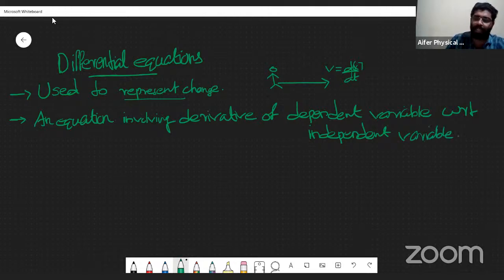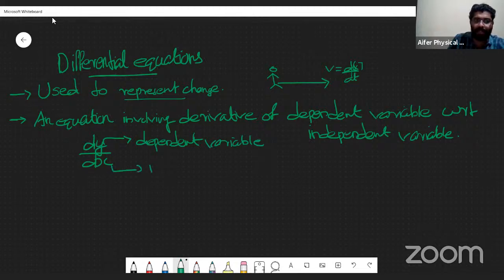One variable changes with respect to the other. Usually, if you write an expression dy by dx, y is the dependent variable, which changes with respect to x, the independent variable. So an equation involving a derivative like this is called a differential equation.